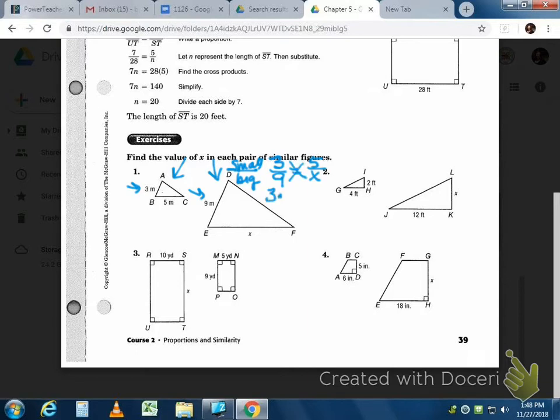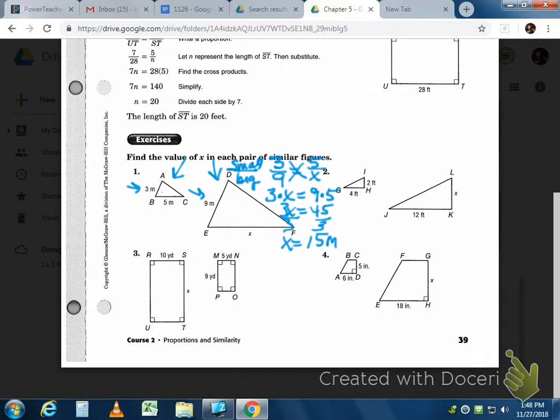So 3 times x equals 9 times 5. 3x equals 45. Divide by 3, x is 15. How would I label that 15? Meters. You're going to label it whatever the other ones are. What questions do you have?